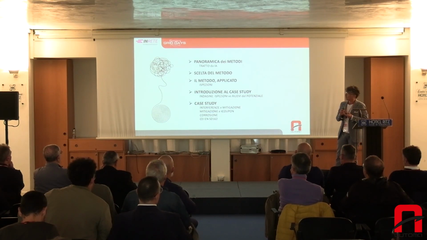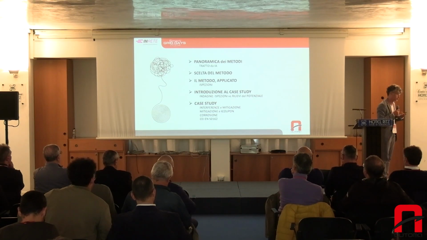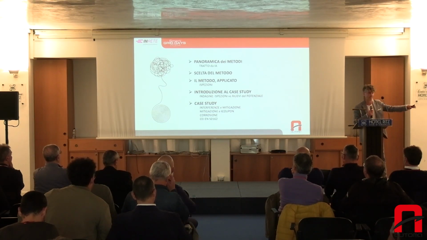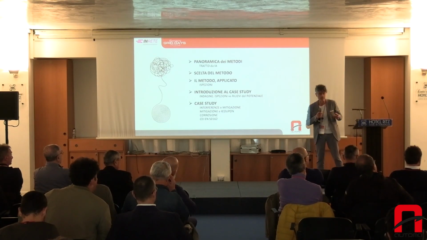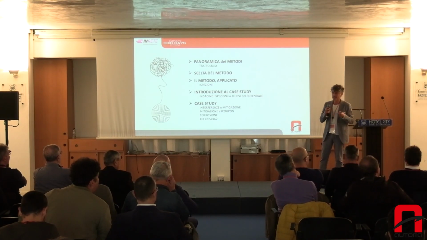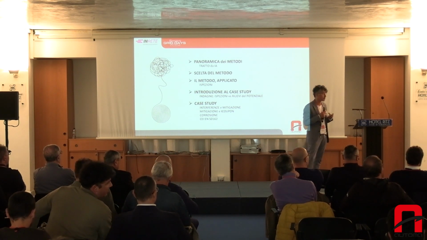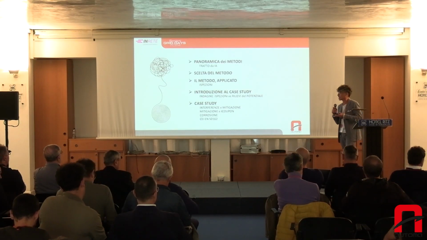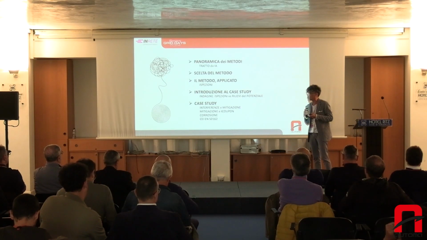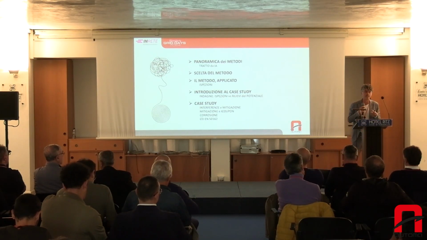So we will choose a method. We will play a bit with parts of assets, so material that has been damaged, some parts more, some parts less. And then we will introduce the case study, which is quite peculiar.